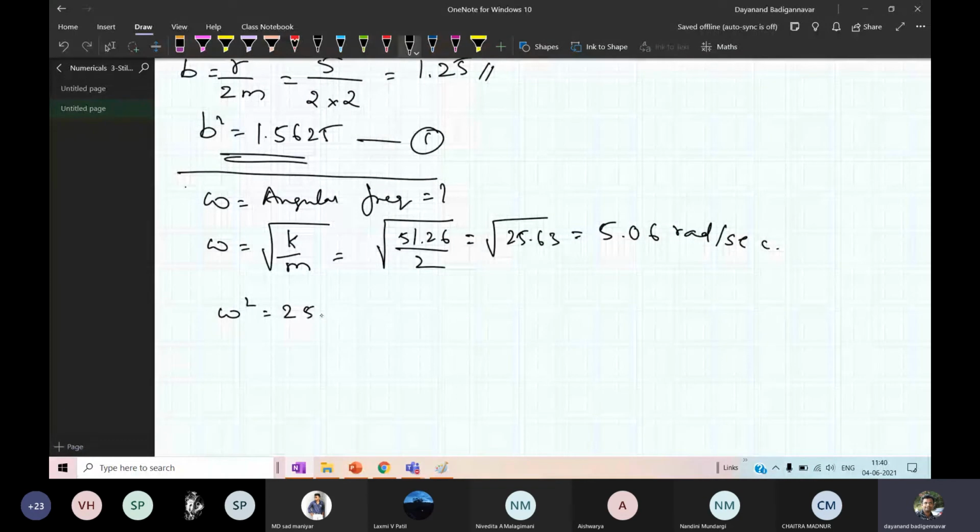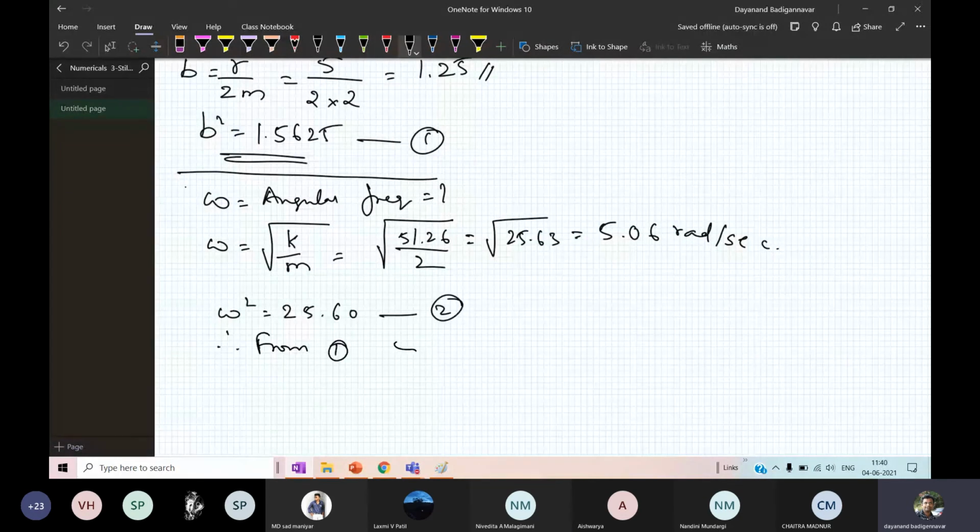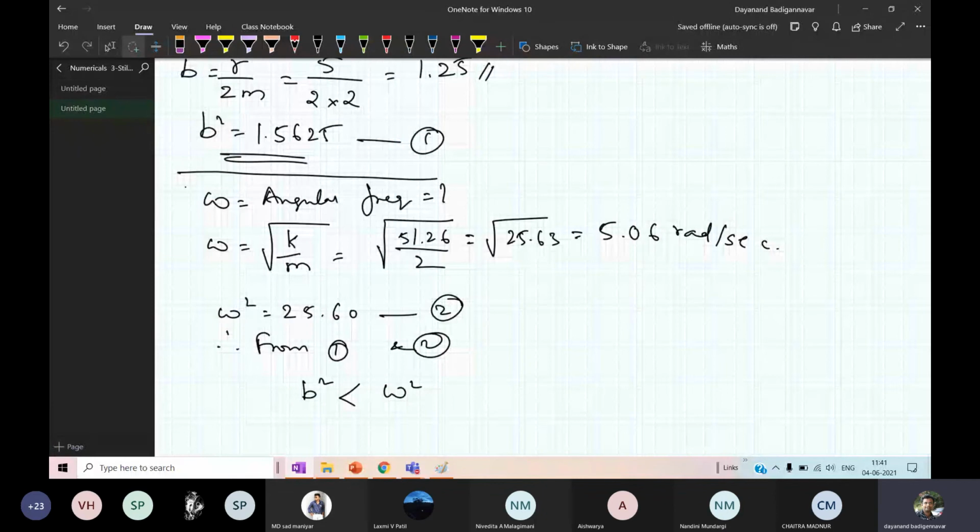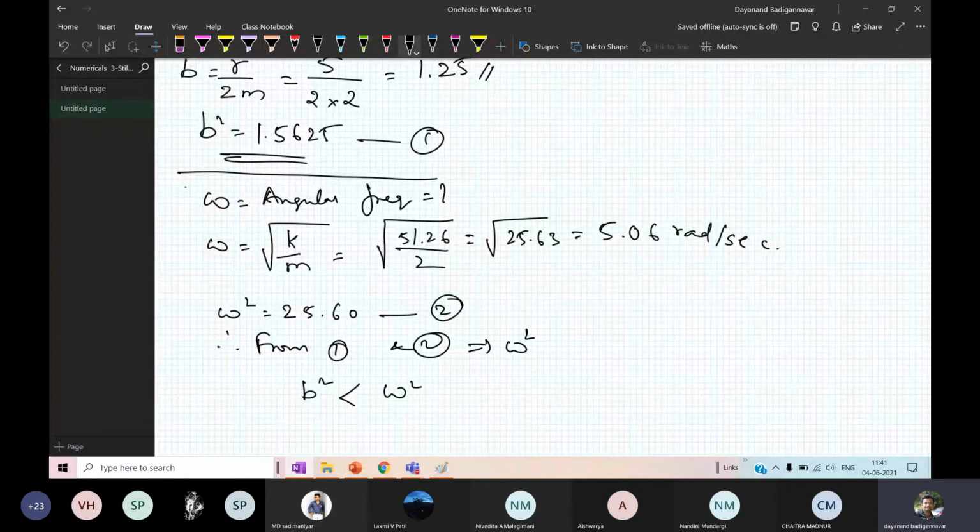Now from 1 and 2, b square is less than omega square, since omega square is large. Therefore I can write omega square is greater than b square, therefore b square is less than omega square.